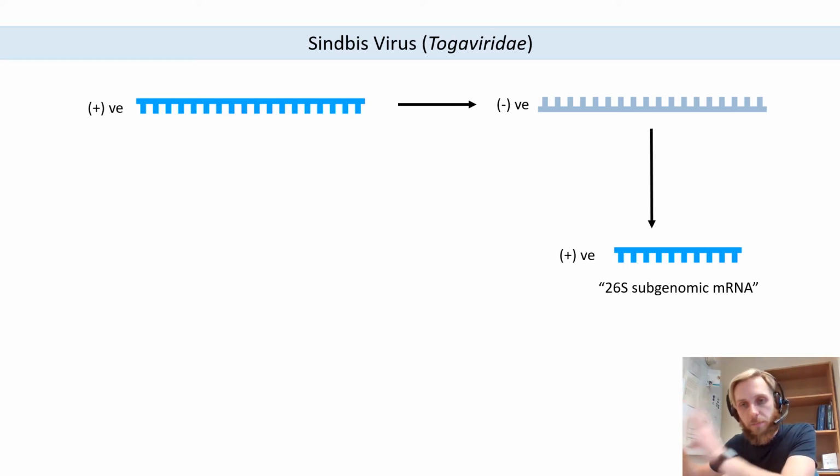This is genome expression. Or the negative sense single-stranded RNA intermediate will be used to produce positive sense single-stranded RNA full-length genome copies. And these full-length genome copies represent genome replication because they are identical to the original viral genome.